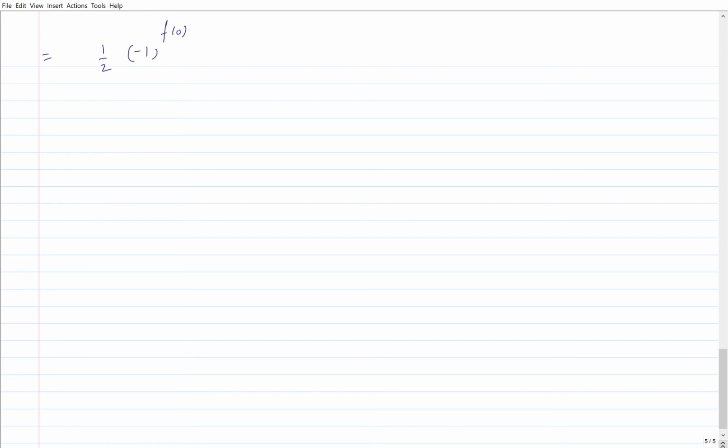This was ket 0, ket 0 plus minus 1 to the power of f0 plus f1 ket 1, and then 0 minus 1. With this insight that the sum of these terms decides the relative sign between 0 and 1, that fact is going to be important for us.